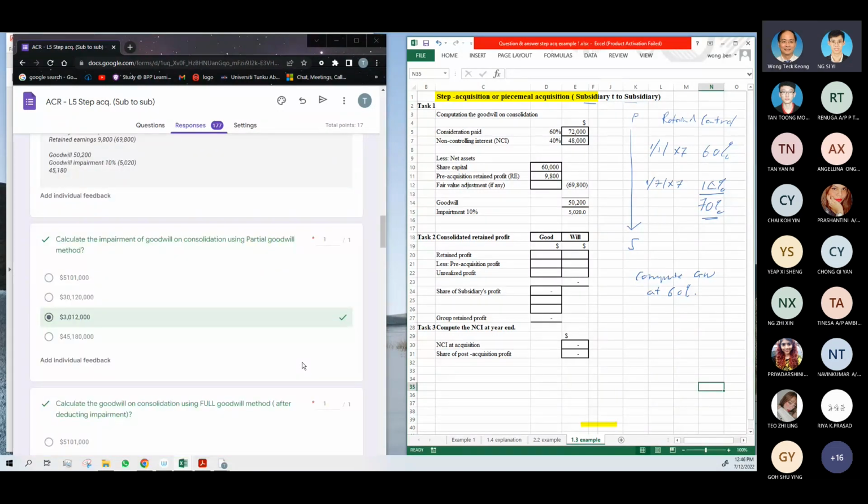For impairment using partial goodwill, you need to compute this 40% of 69800. So you get 30120. So impairment is 3012. So everybody follow?